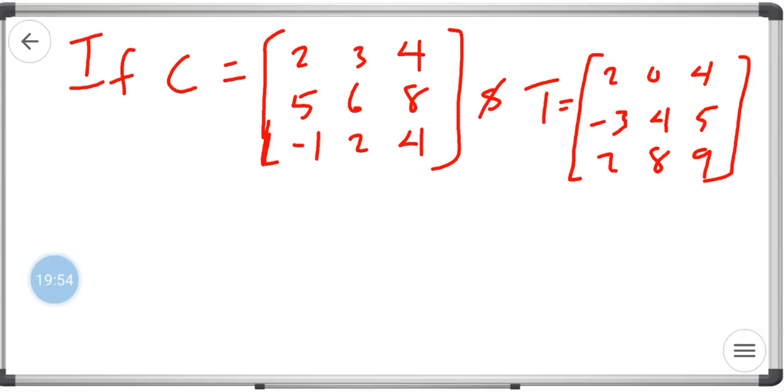Now we have C to be this and T to be this.